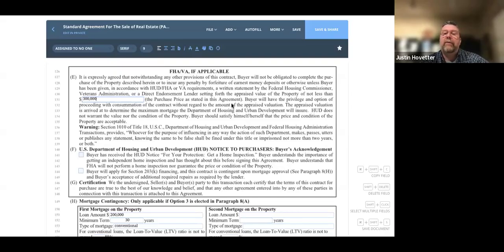The buyer will have the privilege and option of proceeding with consummation of the contract without regard to the amount of the appraisal valuation.